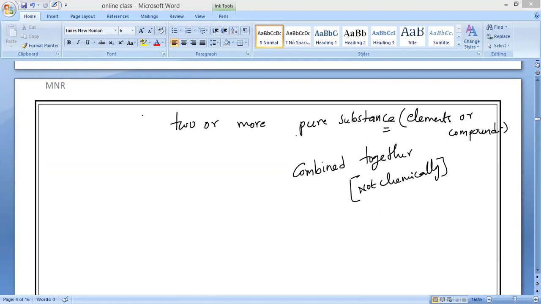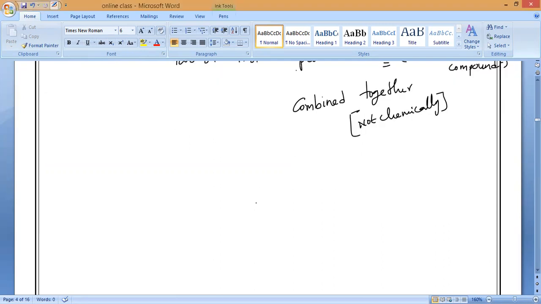The salt solution can also be called brine. That will come in class 10th, and by then you can understand. If a high concentration of salt is dissolved in water, that is also called brine. This is also a solution.